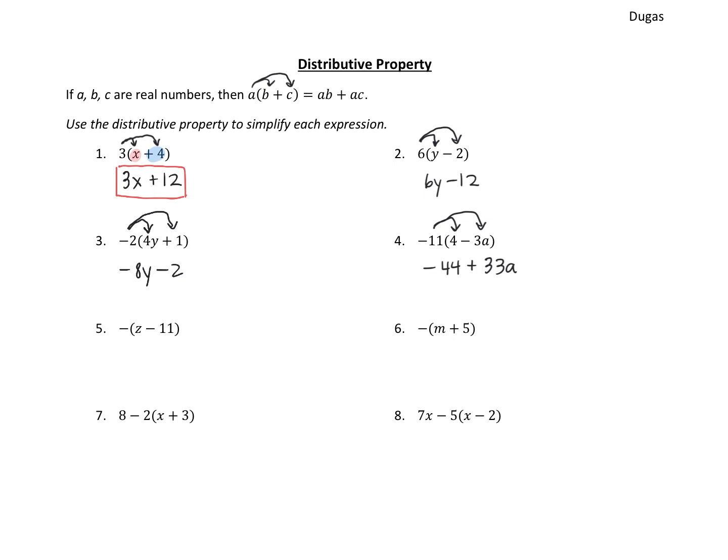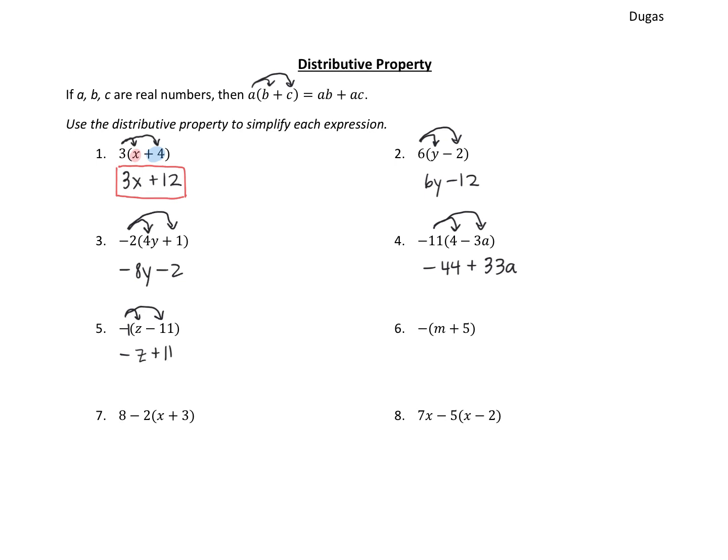Number 5, the only thing we have outside the parentheses is a negative symbol. This is understood to be a negative 1. So if it helps you to write the 1, do that. And then you're going to distribute the negative 1 to the 2 terms in parentheses. So negative 1 times z is negative z. And then negative 1 times negative 11 is positive 11.